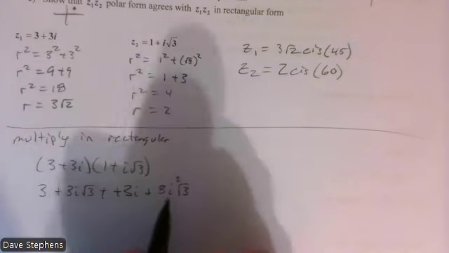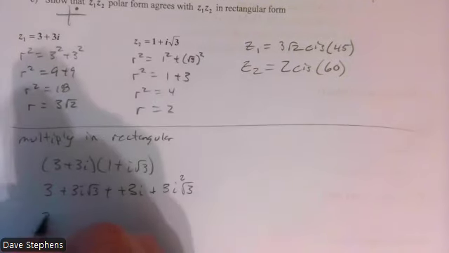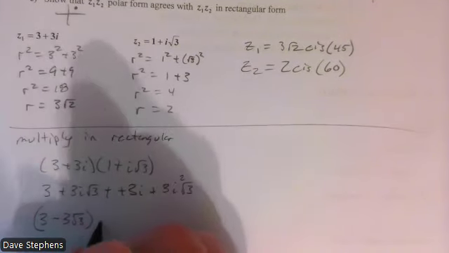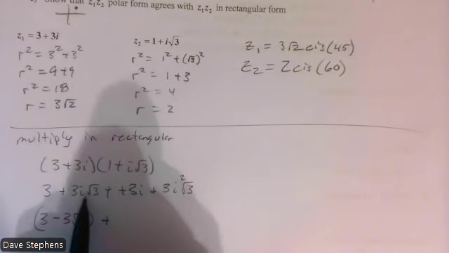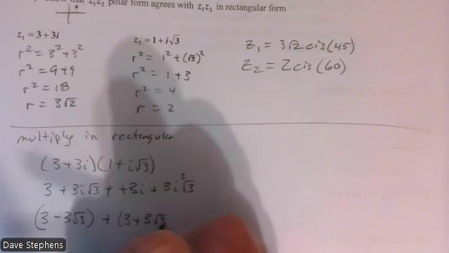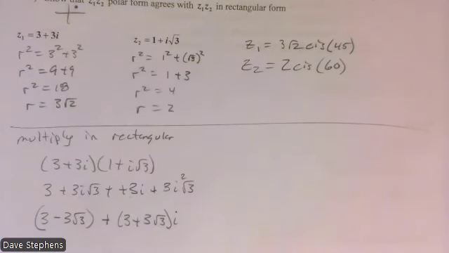So combining our like terms, we have 3 minus 3 root 3 plus (3 plus 3 root 3) times i. That's gross. I don't like it, not one bit. So that's as good as we can get.